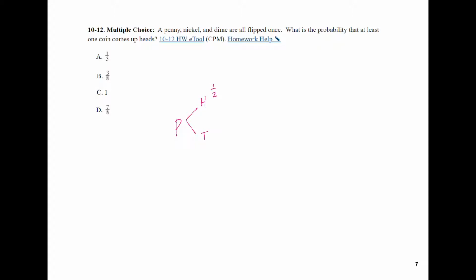So it's 1/2 chance, 1/2 chance. Then depending upon what you flipped, you would flip your dime, and after you complete your tree, 7/8 would be the probability that at least one of the coins comes up heads.